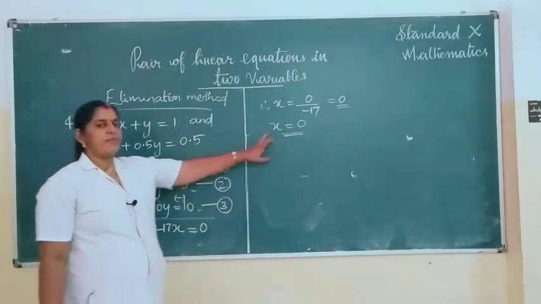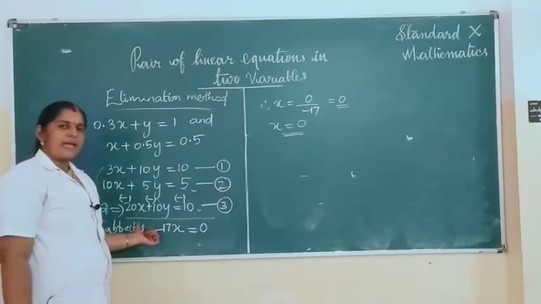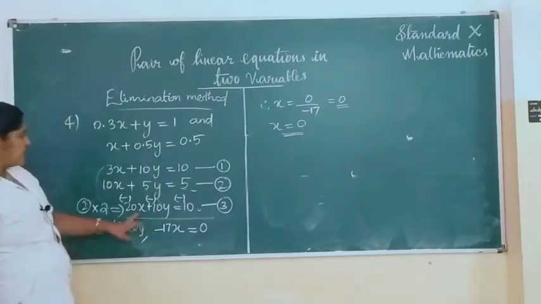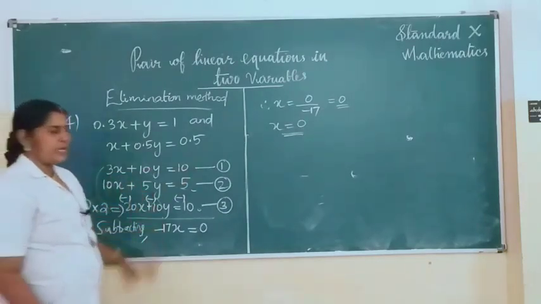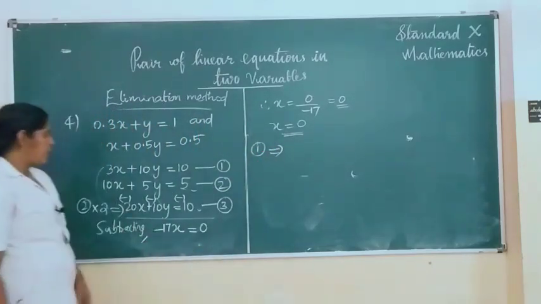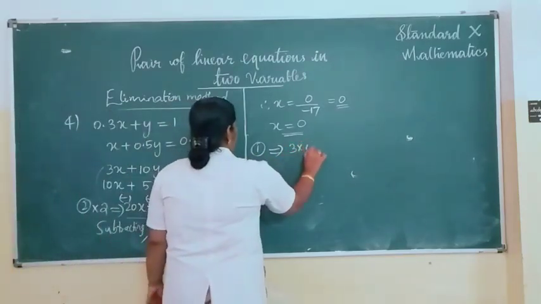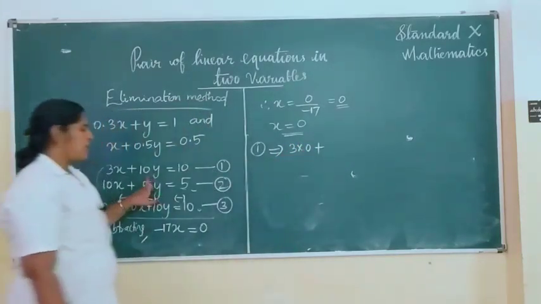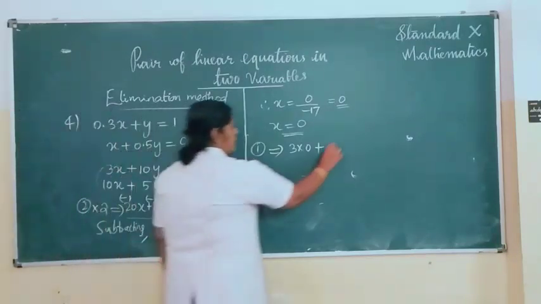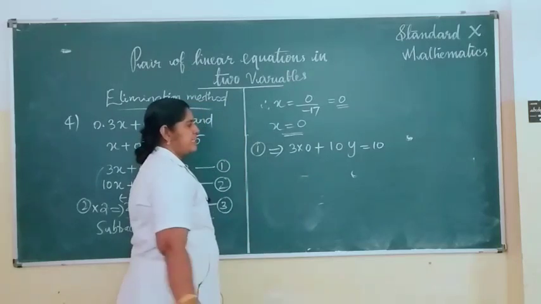Now use the value of x in any one of the equations, and you can find y. We can select the first equation. So in the first equation, put the value of x as 0. So 3 into 0 plus 10y equals 10. 3 into 0 is 0.